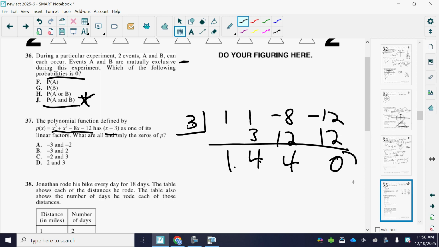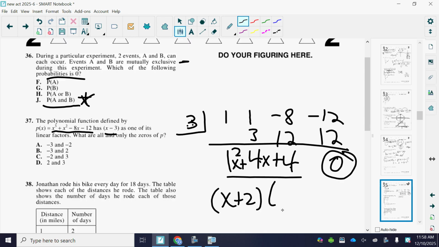And yay, what happens? It goes in evenly. How many times? X squared plus 4x plus 4, which factors how? X plus 2, x plus 2. So there are only 3 factors, and this is on your test tomorrow.